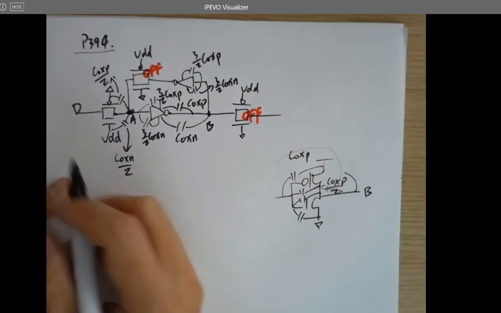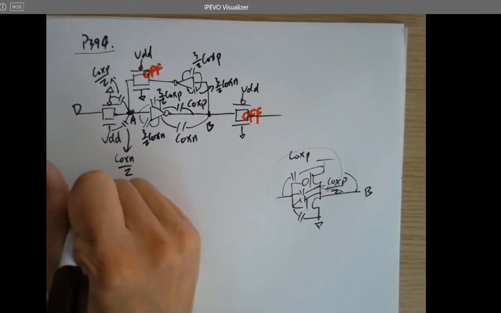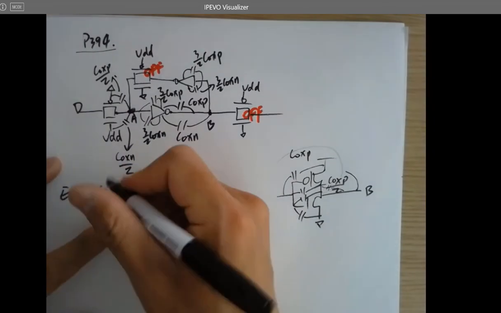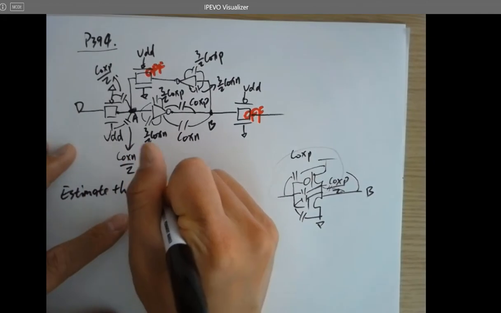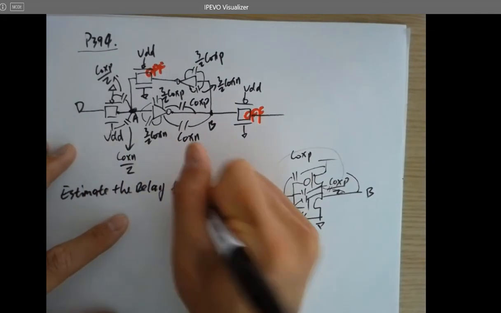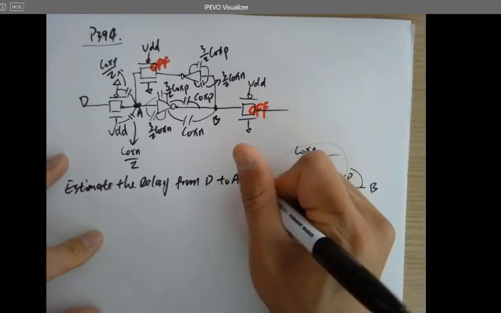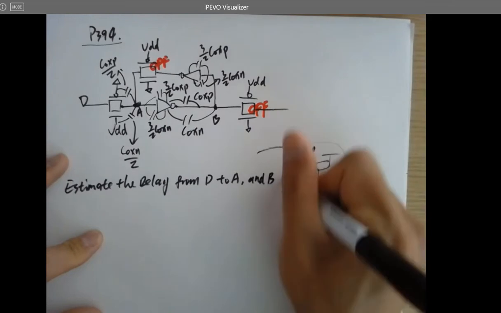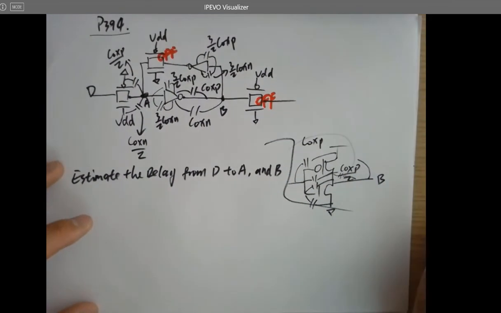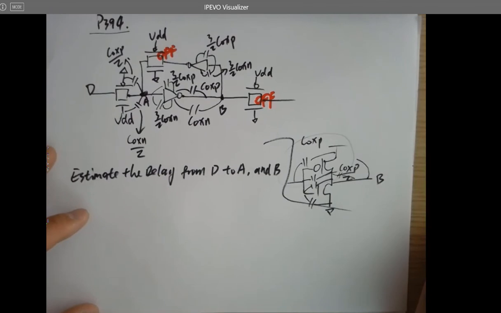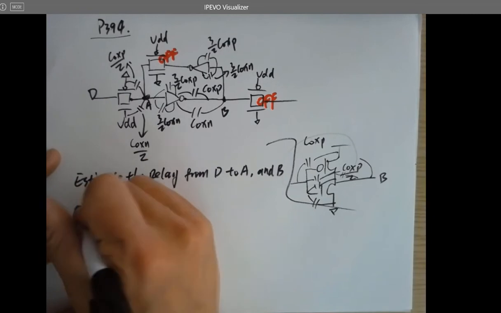All right. So the question is to estimate the delay from D to A and B. D to A, D to B. And the parameters are given like this.